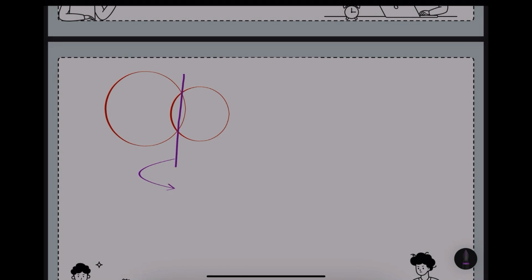So this common chord is equal to radical axis. So if you want to find the equation of common chord, when two circles are intersecting each other, go with just circle 1 is equal to circle 2. You will get your situation done.